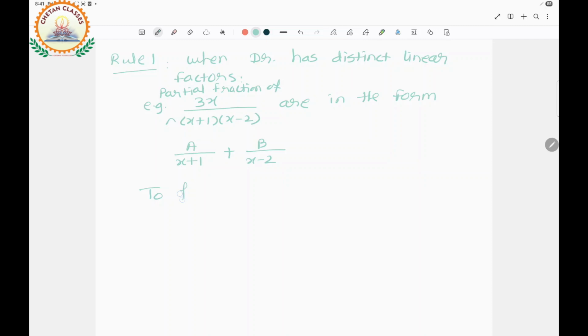Then to find a and b, we substitute values of x based on the root of each linear factor.